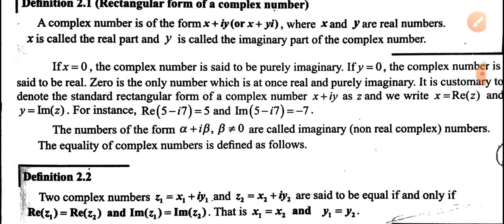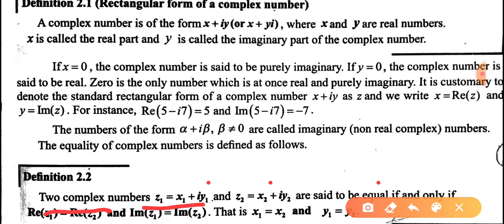Two complex numbers z1 equal to x1 plus iy1, z2 equal to x2 plus iy2 are said to be equal if and only if the real part of z1 is equal to the real part of z2, and the imaginary part of z1 is equal to the imaginary part of z2, that is x1 is equal to x2 and y1 is equal to y2.